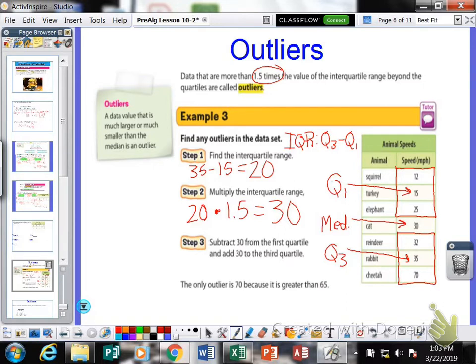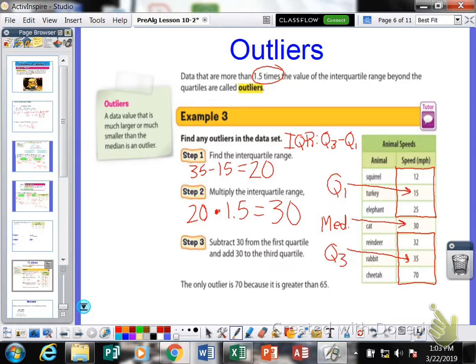Okay, so finally, to find if we have any outliers, we want to subtract 30 from the first quartile and add 30 to the third quartile, okay? Because we found what our IQR was, we have to multiply it by 1.5, and we're going to take that number and subtract it from the first quartile and add it to the third quartile.